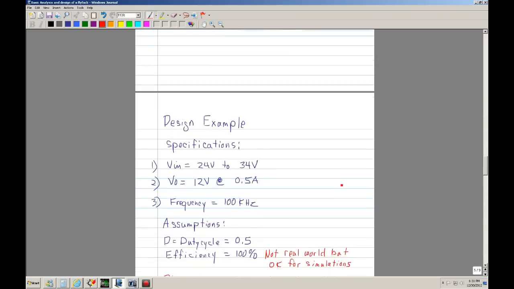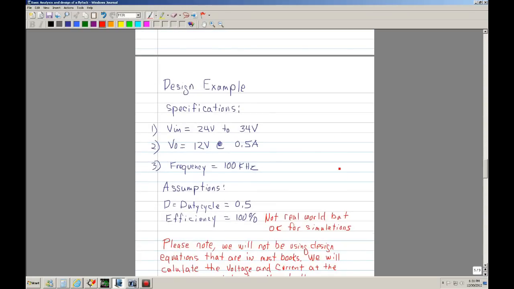So let's do a design example to help solidify some of the concepts. Here are the specifications.